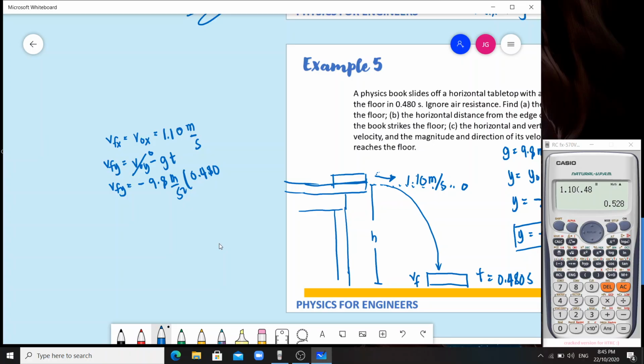0.480 seconds. Okay? So, negative 9.8 times 0.48. Ayan. So, ang VFY natin is negative 4.7 meters per second.